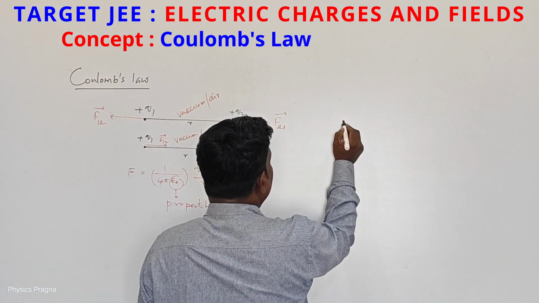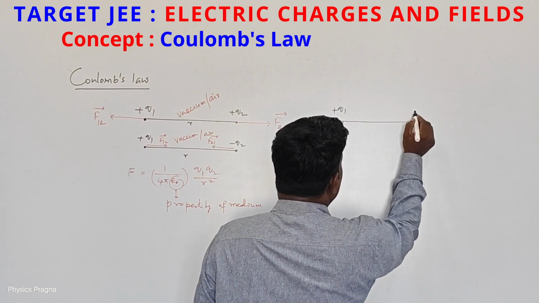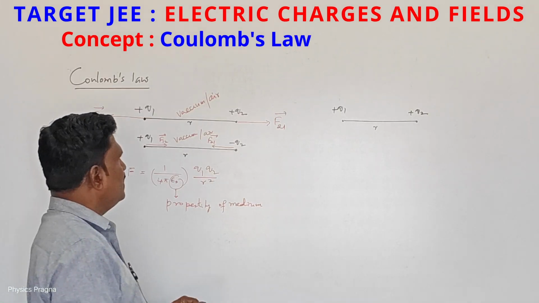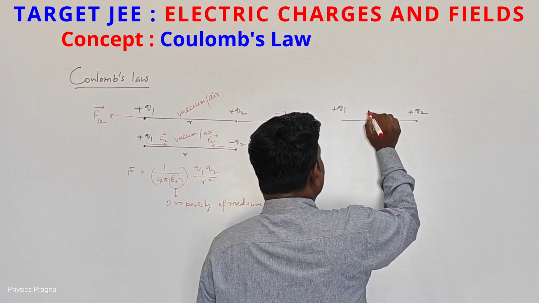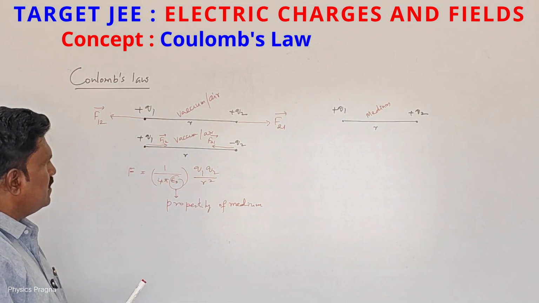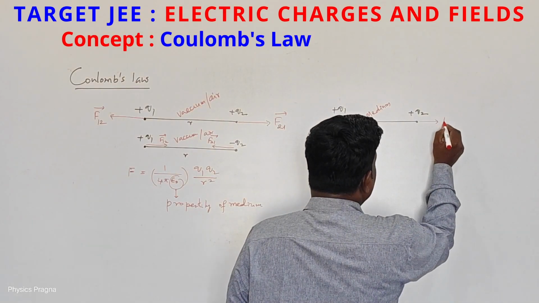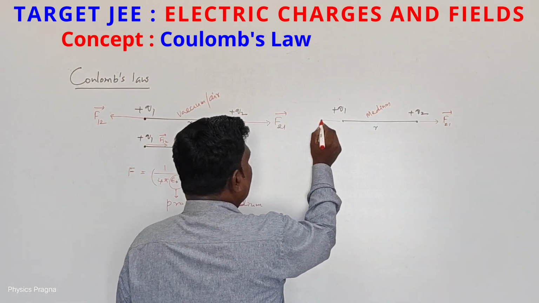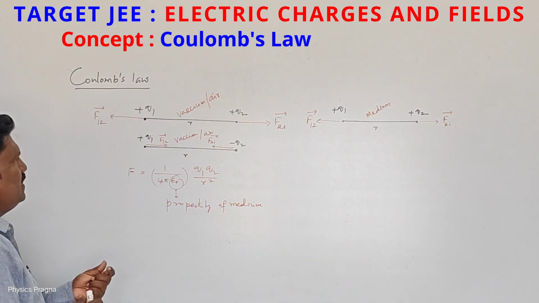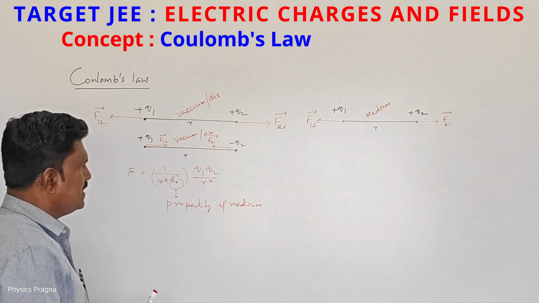This is the charge plus Q1 and this is the charge plus Q2. R is the distance, but here vacuum or air is not there, some medium is there. Then the directions of forces will be the same. This is the force on the first one because of the second, but here the medium is there. Then this force formula becomes like this.